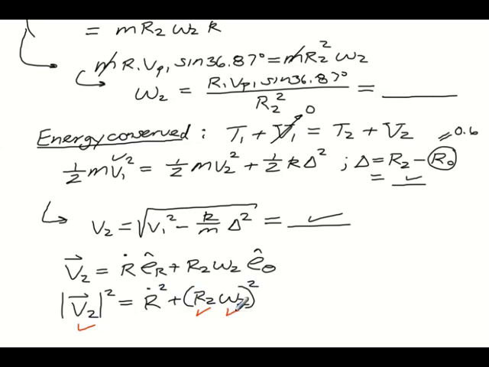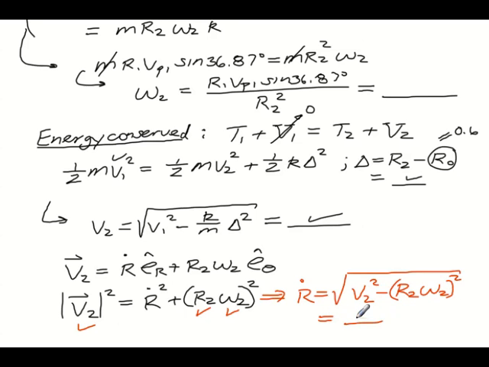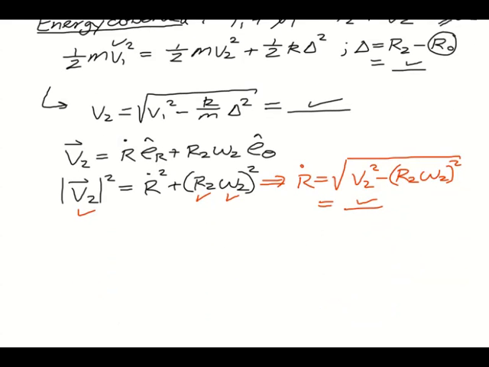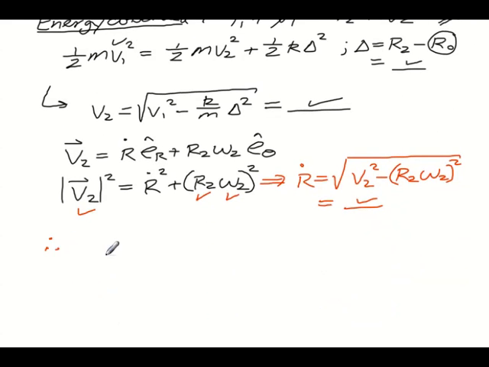Omega 2 we found from angular momentum. So from this equation we can solve for R dot. R dot is going to be the square root of V2 squared minus R2 omega 2 squared. Again, we know all of this on the right hand side, so we now know R dot, and therefore we can write the velocity vector V2 in terms of the now known R dot ER plus R omega E theta. That's what we were asked to find.